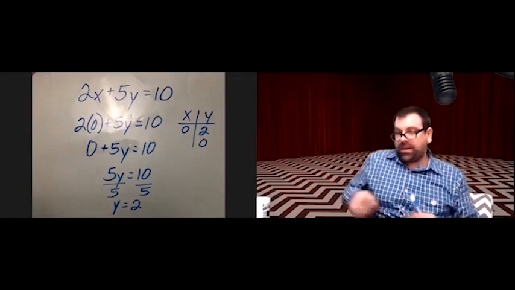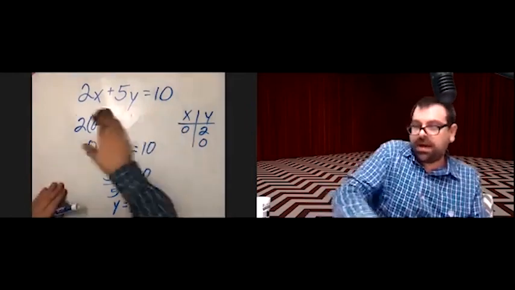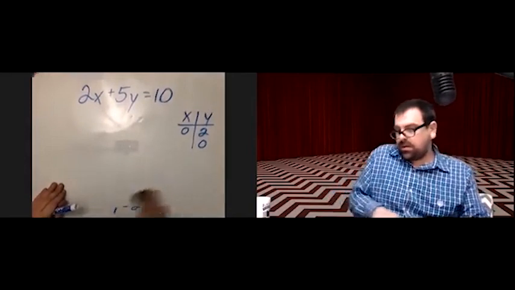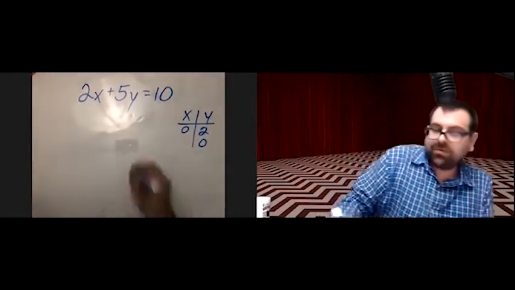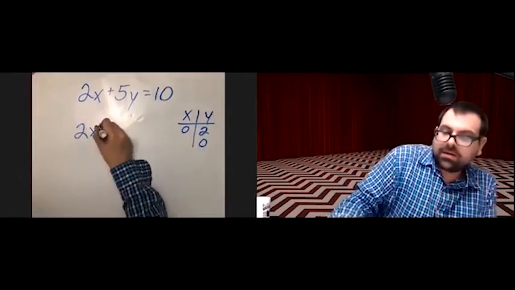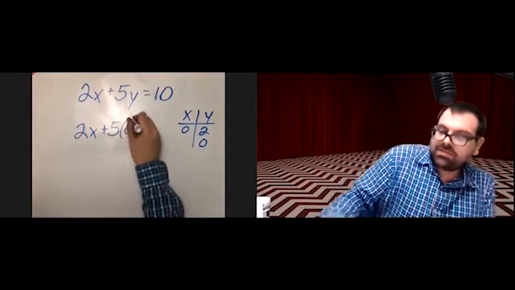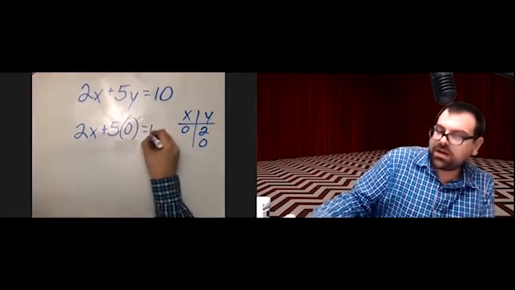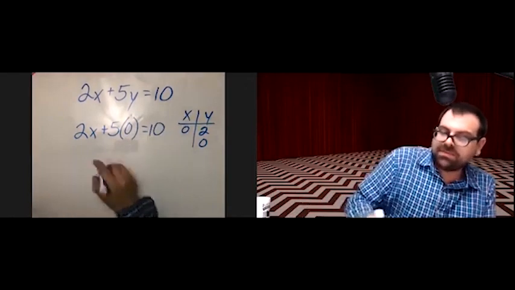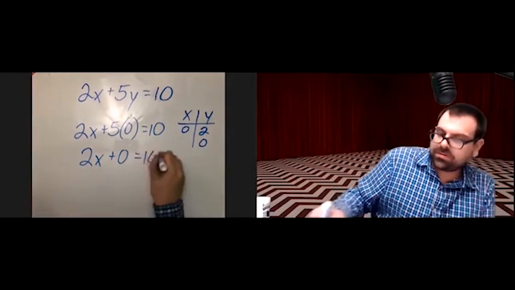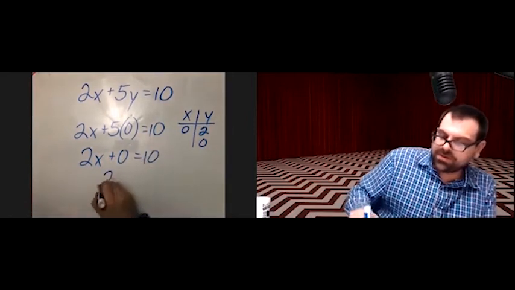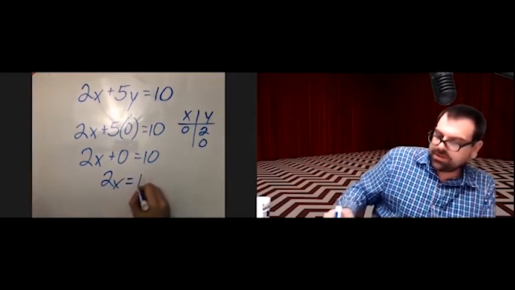Let's go ahead and find the other point. We're going to do that by taking the same equation and plugging 0 in for y. So 5 times 0 instead of 5 times y. 5 times 0 is 0. 2x plus 0 is just 2x.